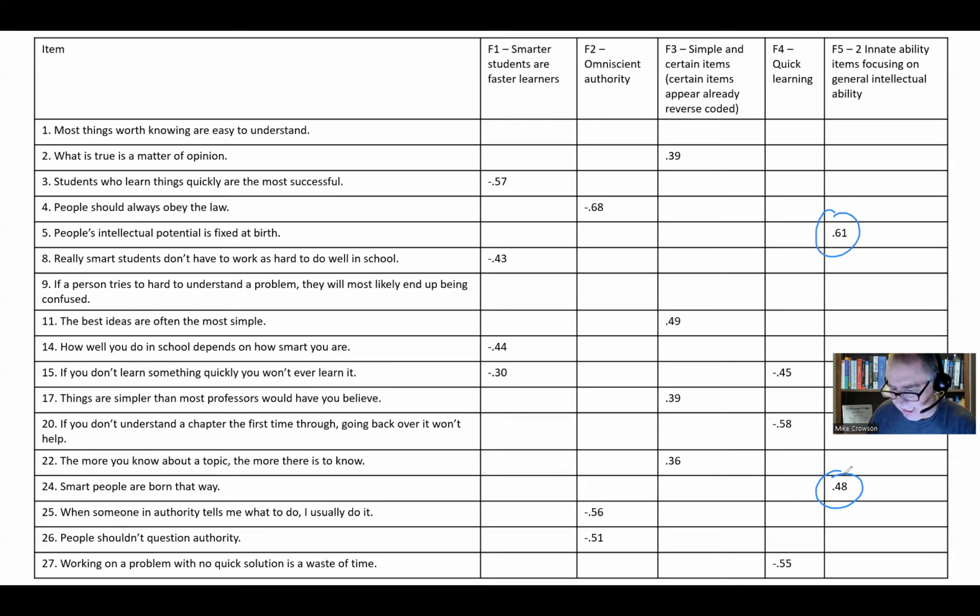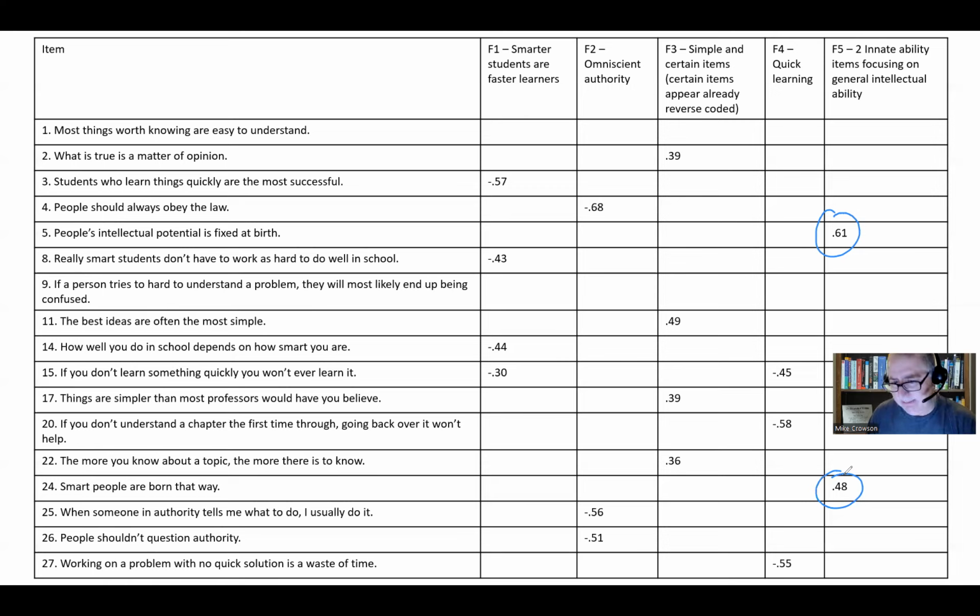In this particular case, we've got 2 loadings that are fairly substantial, but there's only 2 indicators of this factor. So there would be some question about whether this would be replicated in another study in terms of that particular factor.